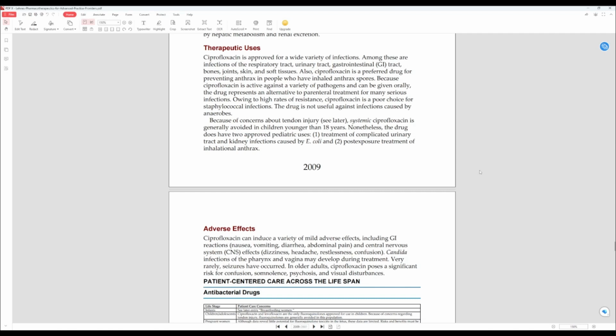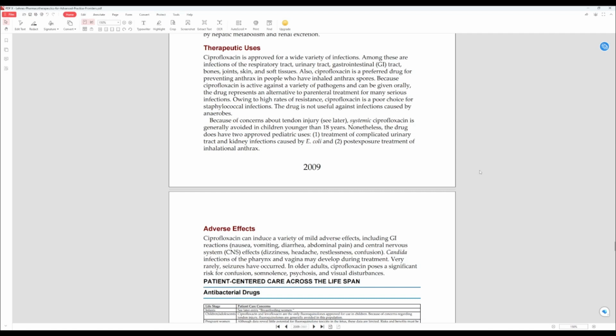Because ciprofloxacin is active against a variety of pathogens and can be given orally, the drug represents an alternative to parenteral treatment for many serious infections. Ciprofloxacin is a poor choice for staphylococcal infections, owing to high rates of resistance. The drug is not useful against infections caused by anaerobes.